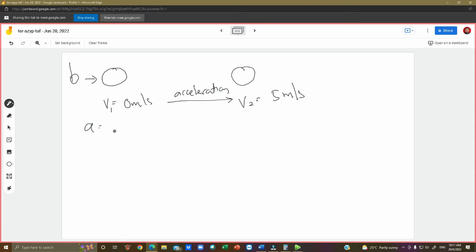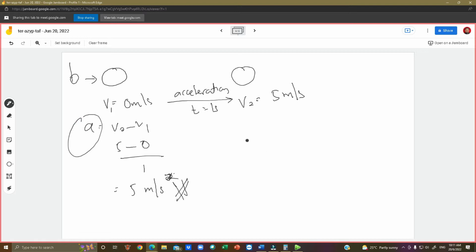It's by equation. Let's say this change happened in 1 second. So we have 5 minus 0 divided by 1. The change is 5 meter per second squared. That is the acceleration, and that is the reason that makes changes to inertia: acceleration.